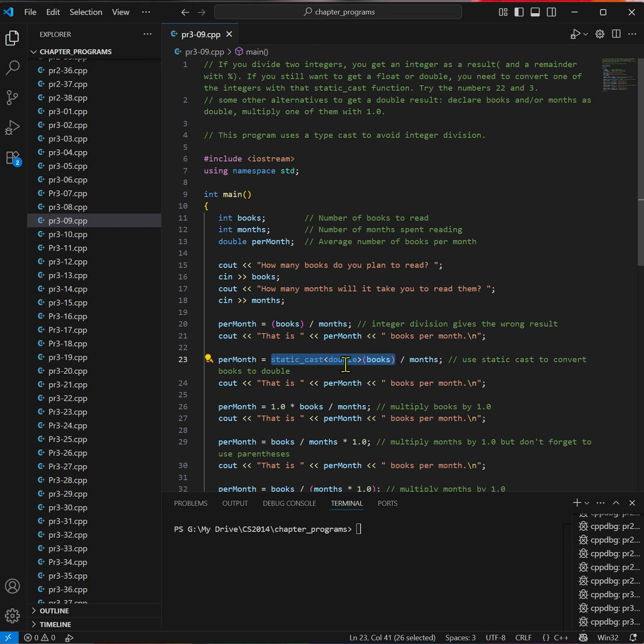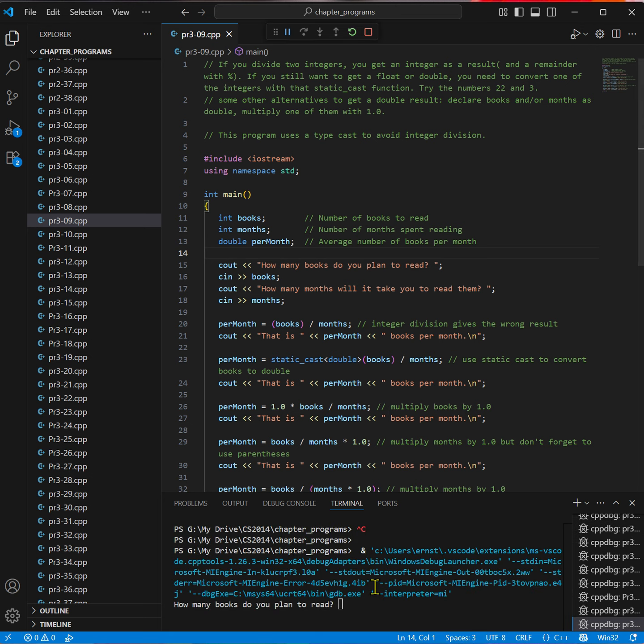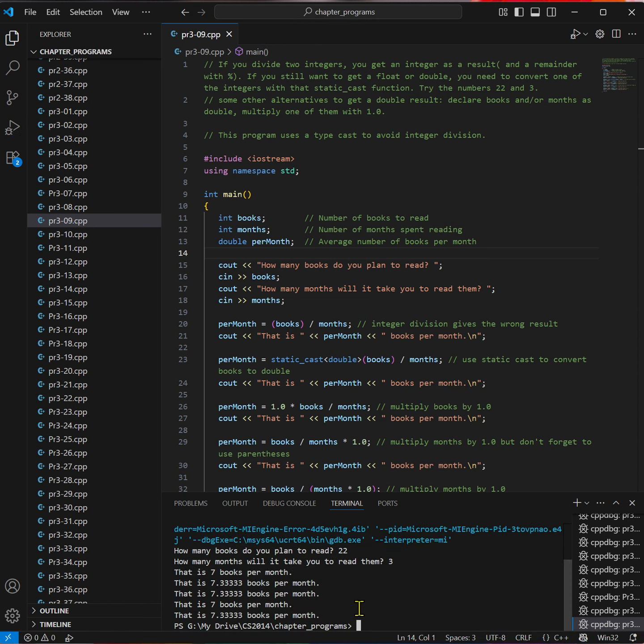And then when you divide the double by an integer, you get a double again, so you get the correct result. But there are also some other ways to do that. So we're going to look at each one of them. So over here, 22 books that we're planning to read and 3 months that we plan to read them.